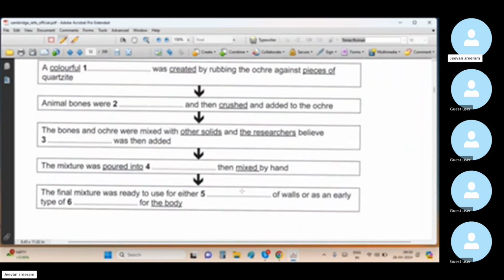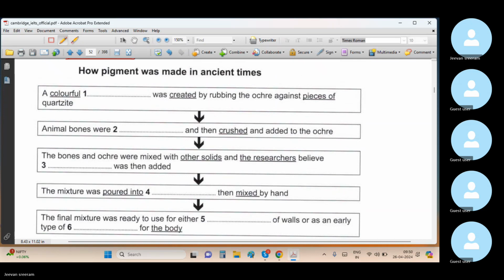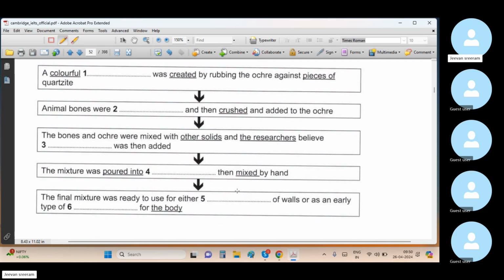So sometimes one or two questions won't follow the passage order. Maybe from the previous paragraphs, you'll understand that quality also, that feature also. That's an unusual thing you generally come across sometimes.